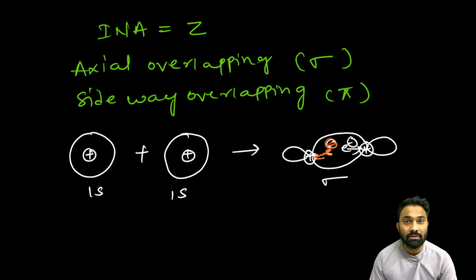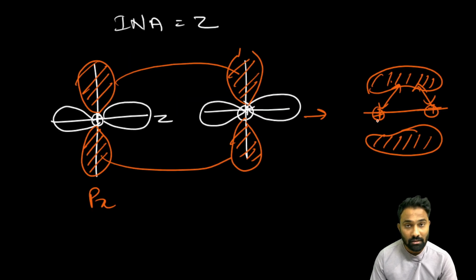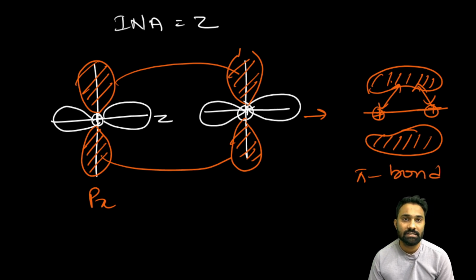So the attraction between the electron and the nucleus will be high. That's the reason the sigma bond is stronger. But when compared to the pi bond, this nucleus and the electron distance is far, then the nuclear attraction between these two will be weak, and that's the reason the pi bond is weaker compared to which one? Weaker compared to the sigma bond.